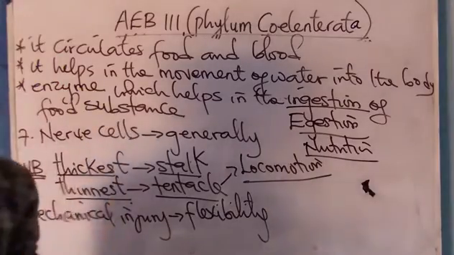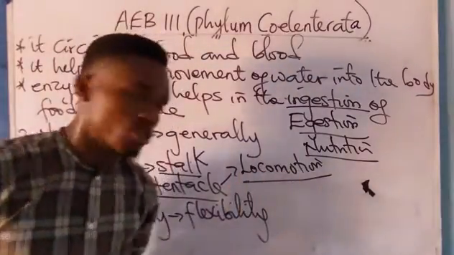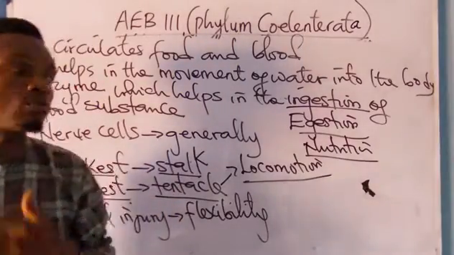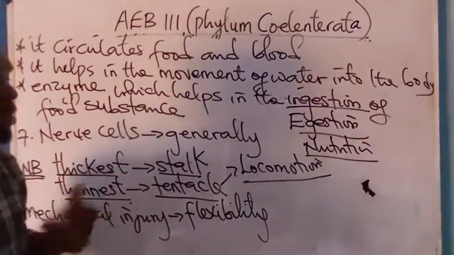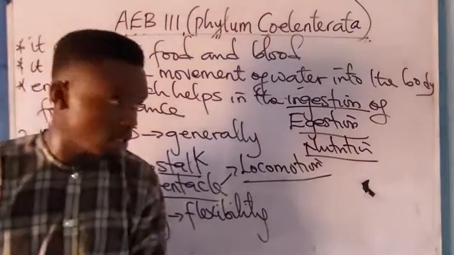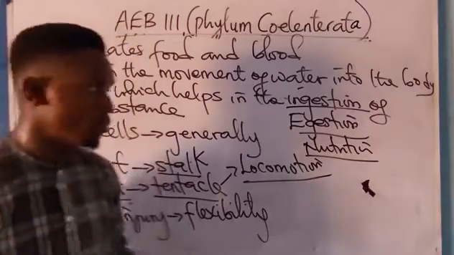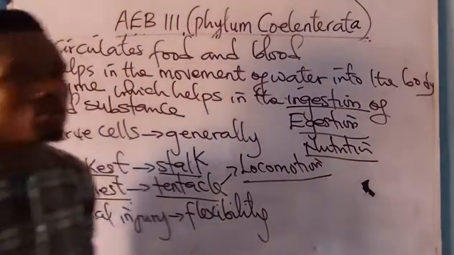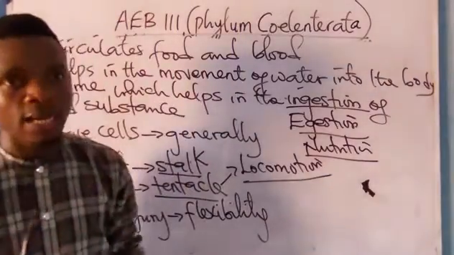They don't have respiratory organs, so diffusion it is. Respiration is just through diffusion, and that happens throughout the body surface. Reproduction is through budding. Take note of that. And I said they are best found in fresh water habitats.